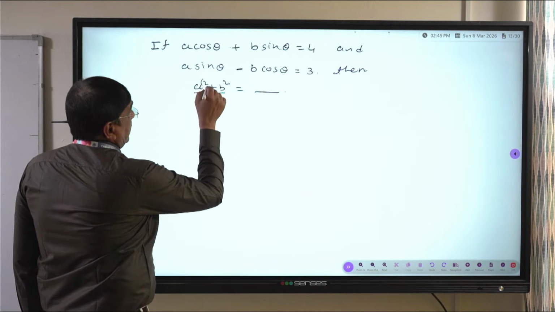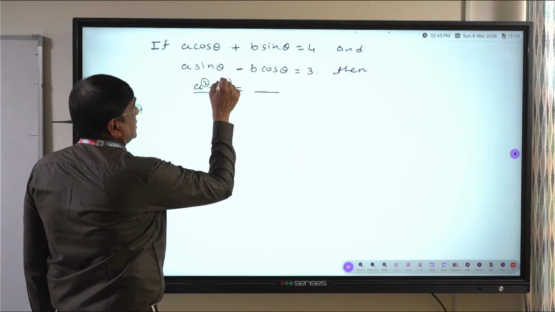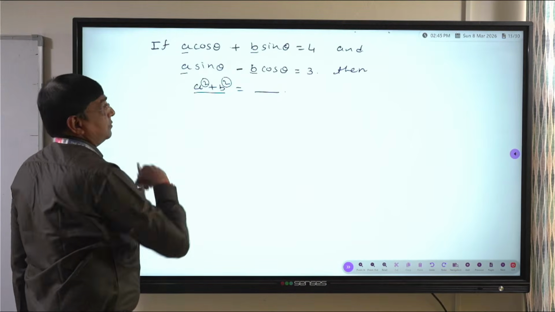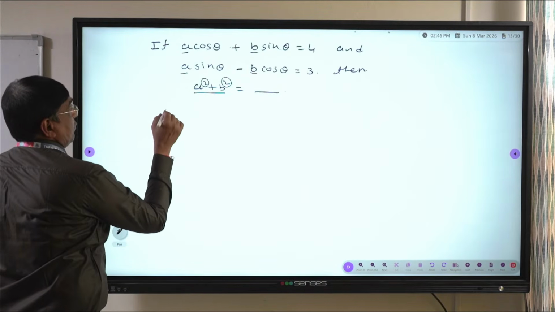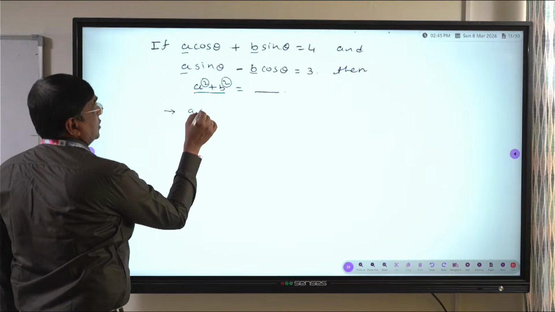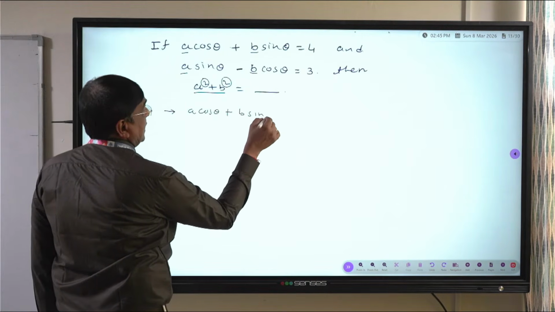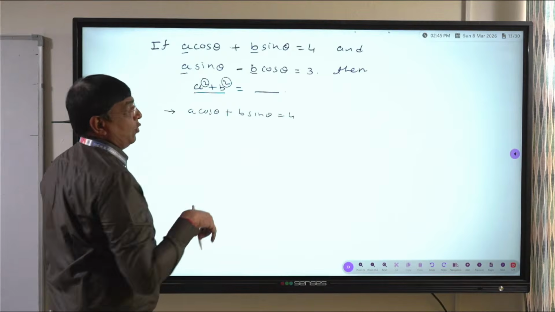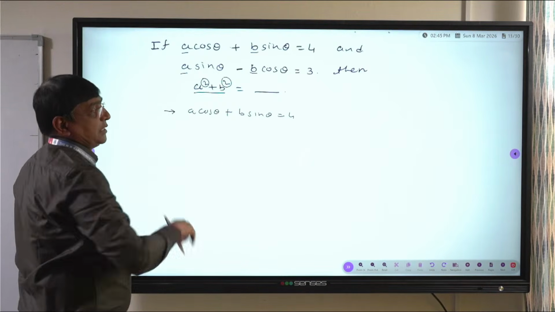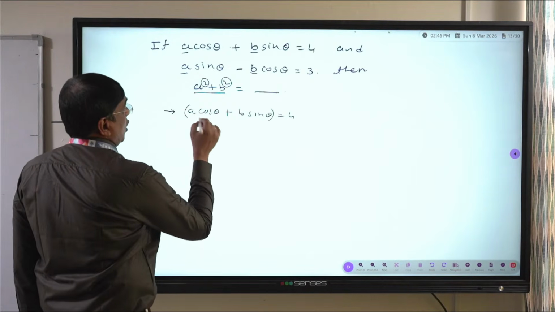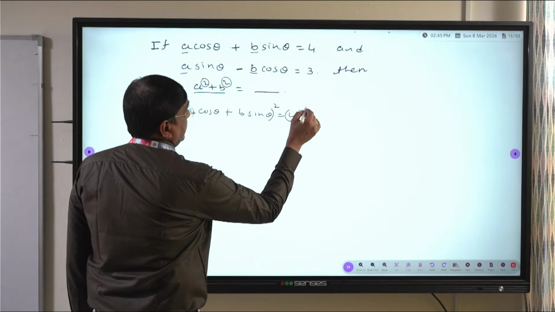Now we require A square, B square, but here given A, B. So first equation, A cos theta plus B sin theta equals 4. We require A square, B square. So taking square on both the sides.